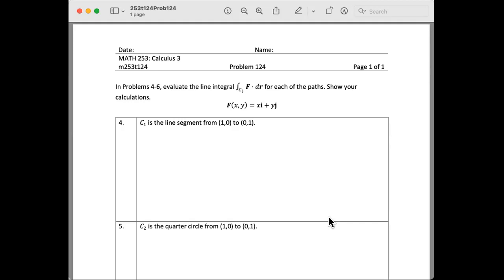What value did we get for the integral over C1 of f dot dr? And what value did we get for the integral over C2 of f dot dr? I know y'all are thinking, what do you mean we? You weren't here. What did y'all get for each of these?